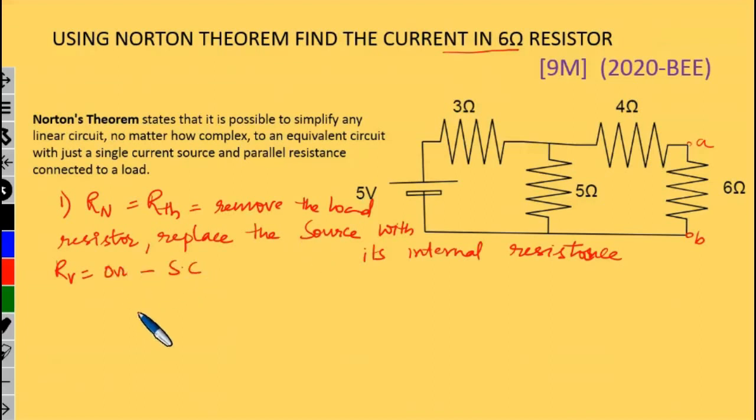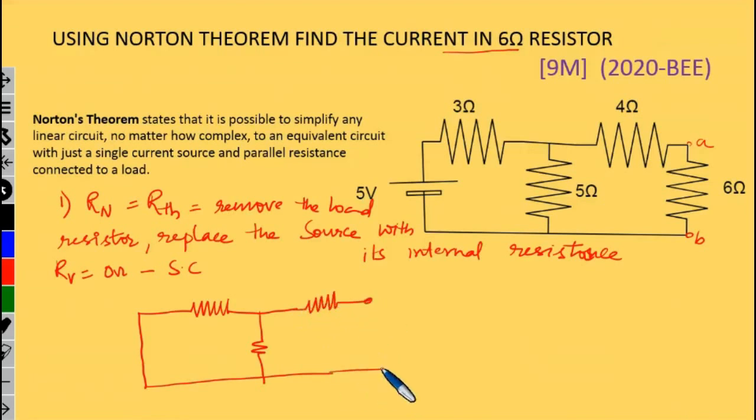So now the circuit is a short circuit and it is connected to 3 ohm. Here it is 5 ohm, and that is connected to 4 ohm, and these are terminals A and B. This is where we are finding the Norton resistance. So it is 4 ohm, 5 ohm and 3 ohm.